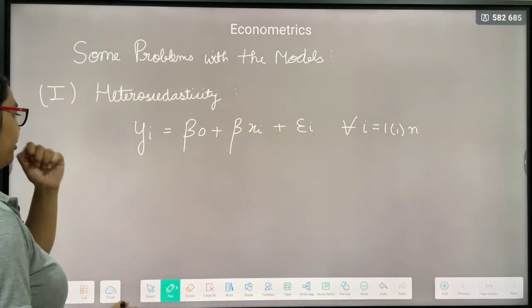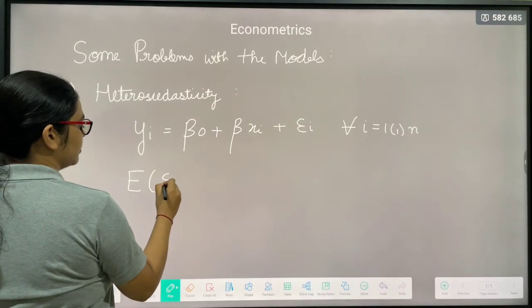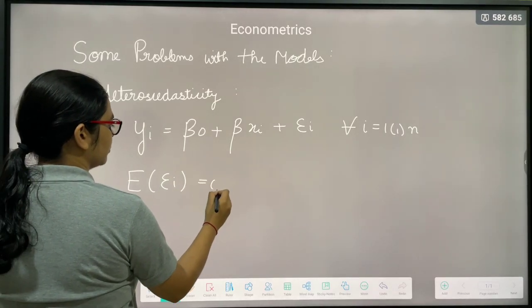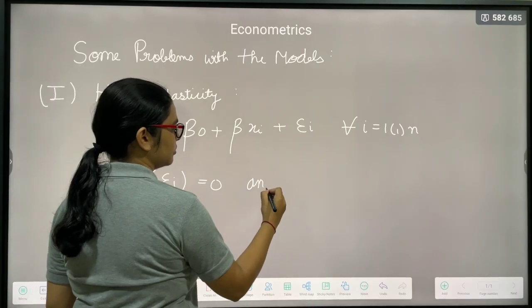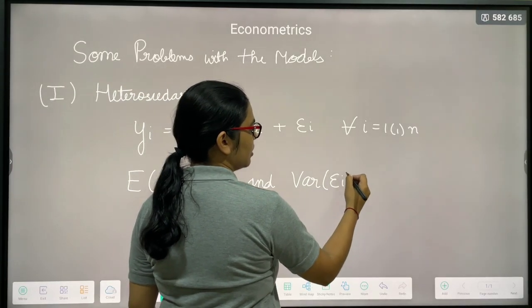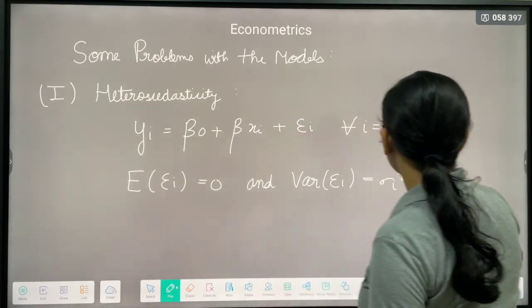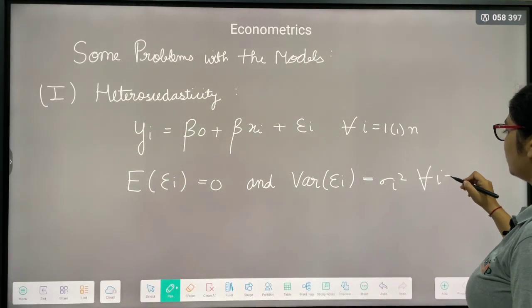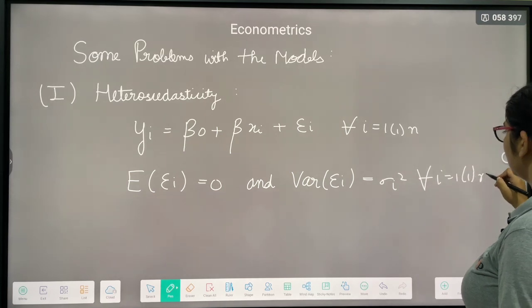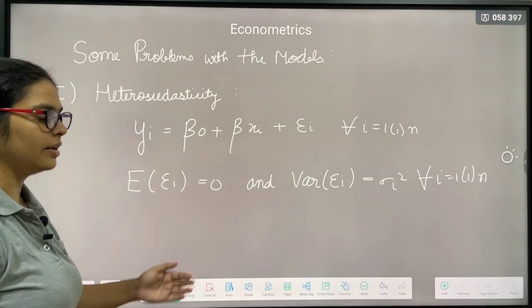So here we notice that the expectation of epsilon_i is equal to 0 and the variance of epsilon_i is equal to sigma_i squared for all i from 1 to n. So for i going from 1 to n, the variance changes.